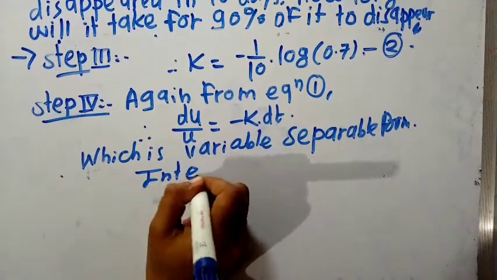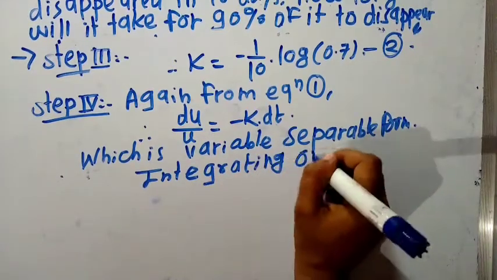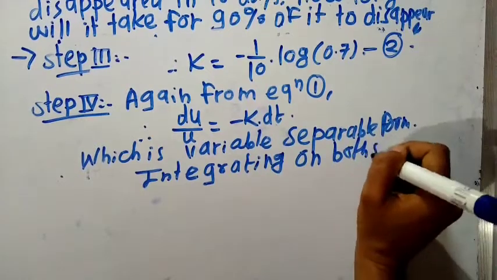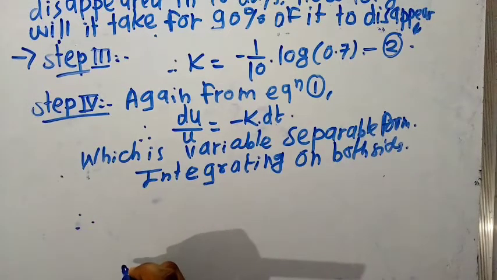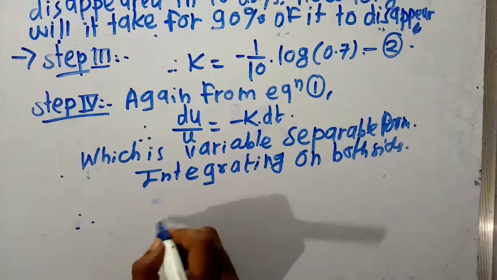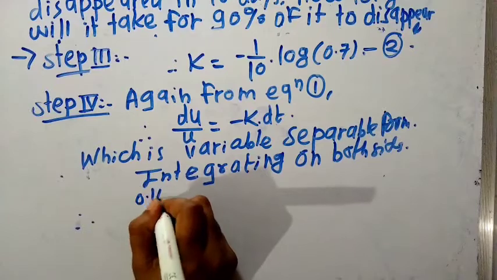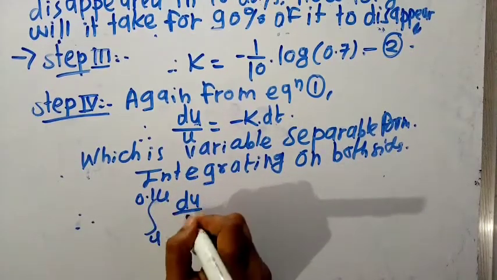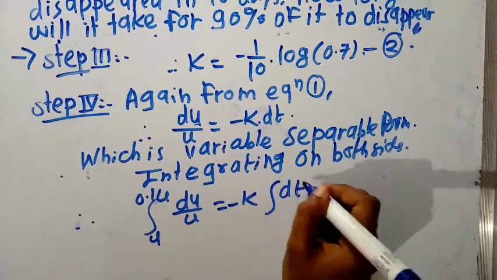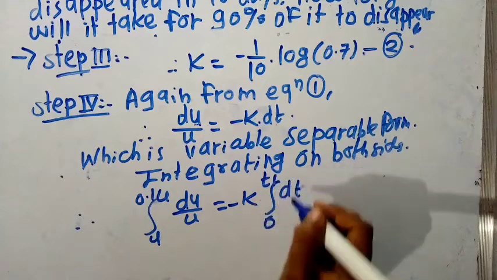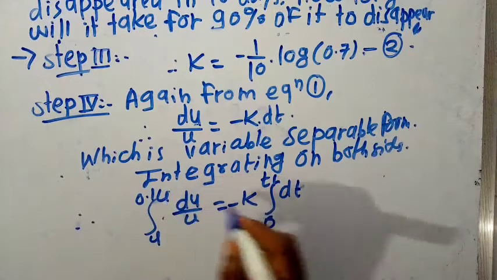Then integrating on both sides. According to the table, for 90% we got u2 as 0.1 u, so du by u is equal to minus k into dt, with limits 0 to t1, and this value is given from the table.